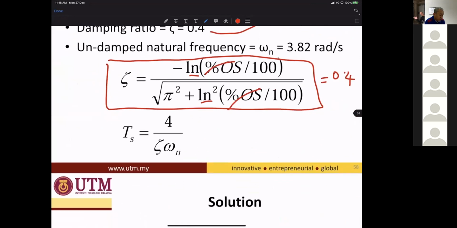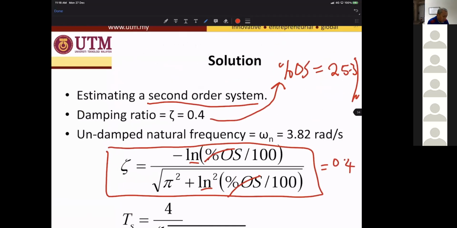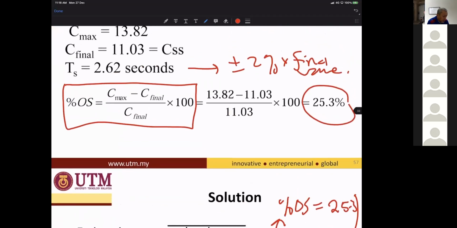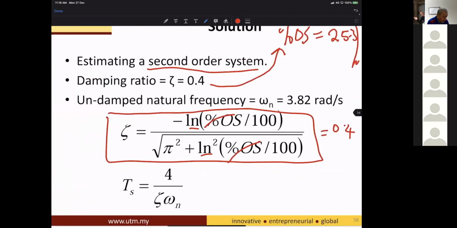Okay, so zeta is 0.4. Then use the settling time that is already given. You already get it from the graph, 2.62.